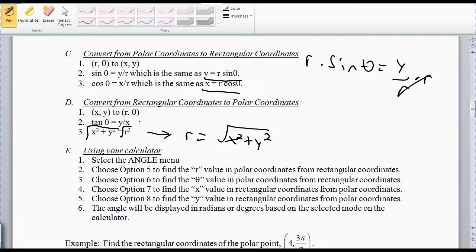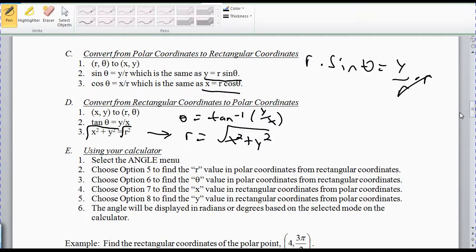And then to find theta, since I'm given x and y, I want to use the inverse tangent. So I'm using tangent theta equals y over x. So theta is going to be inverse tangent of y over x. So just using things that we already know and just manipulating them a little bit.